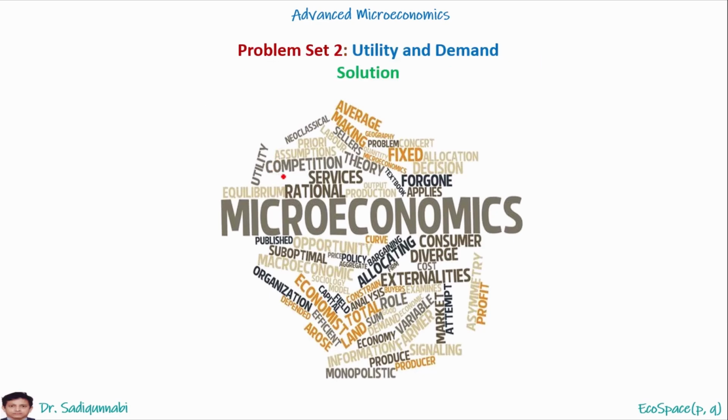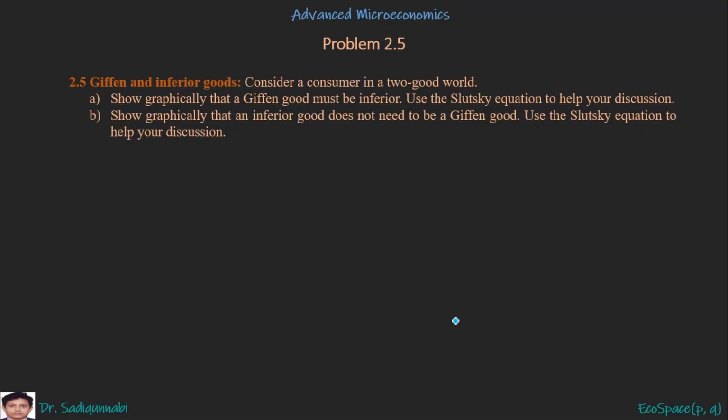Let's start our solution. Consider a consumer in a two goods world. In part A, we have to show that a Giffen good must be inferior using the Slutsky equation, and in part B we have to show that an inferior good doesn't need to be a Giffen good.